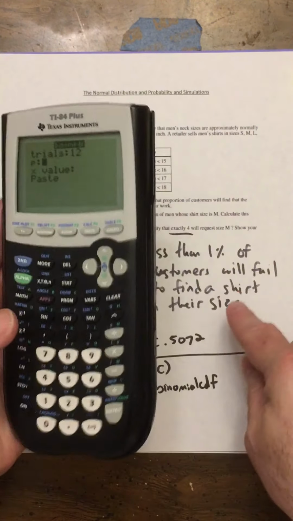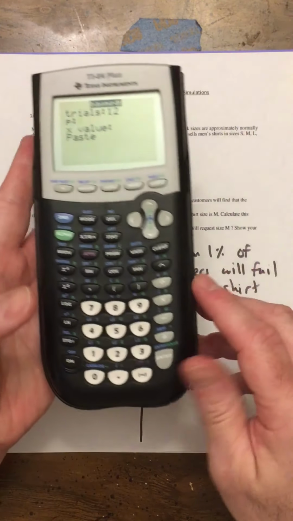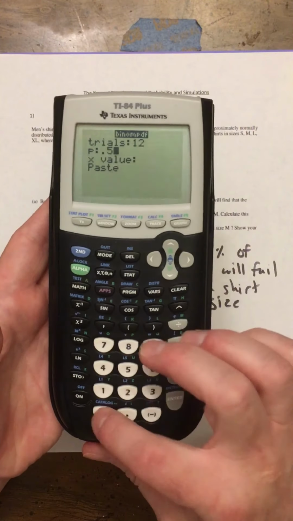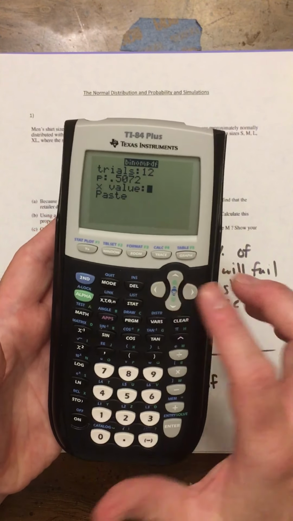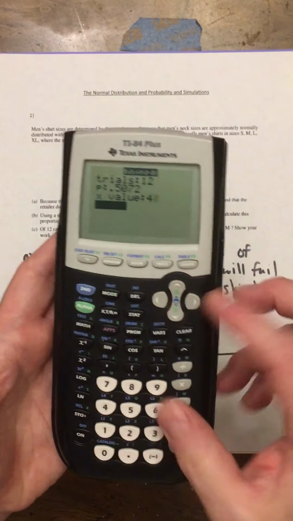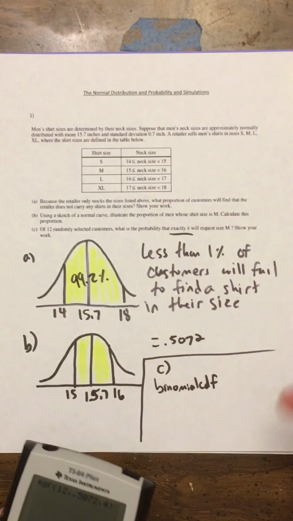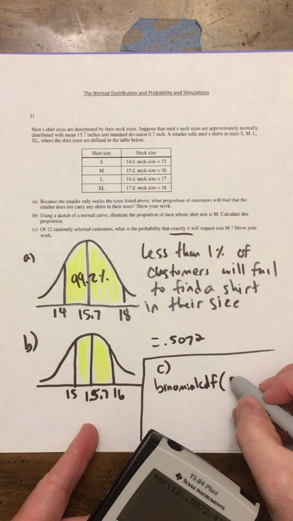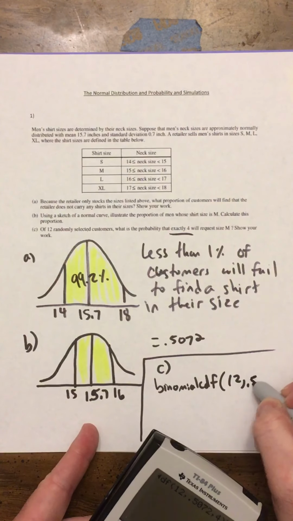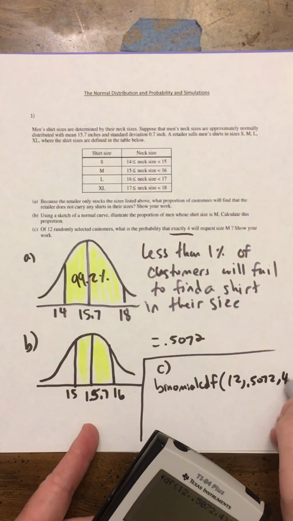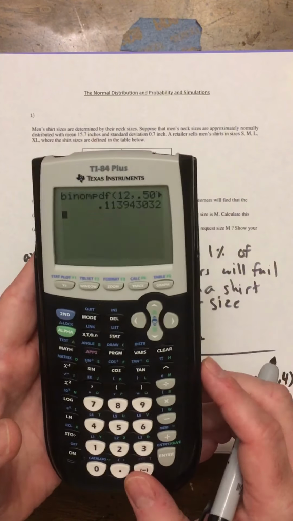The p-value, we got that from part B, 0.5072. And we want exactly 4. When we paste this, you're going to see what this looks like. It's going to be 12, 0.5072, 4, and we get 0.1139.